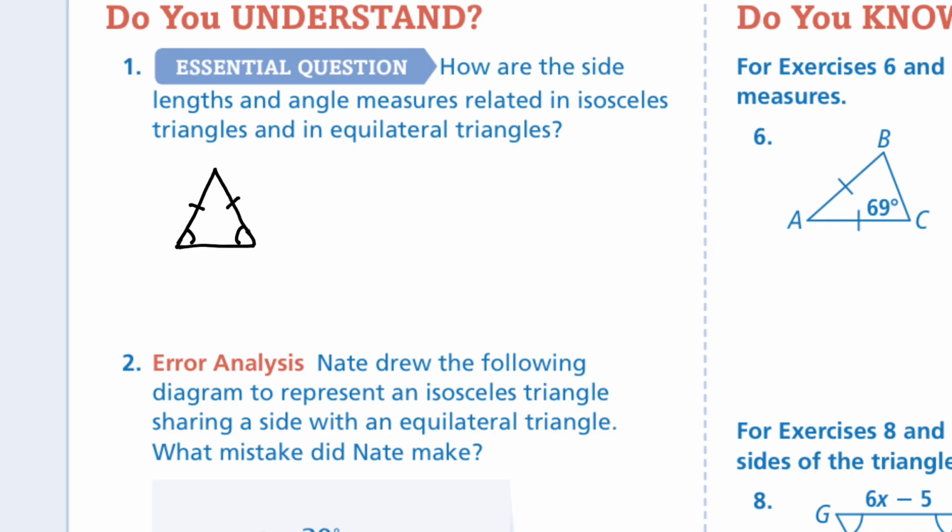The non-congruent side that's in between the congruent angles is known as the base, and these are the legs. With the equilateral triangle, all the sides are congruent and all the angles are congruent.